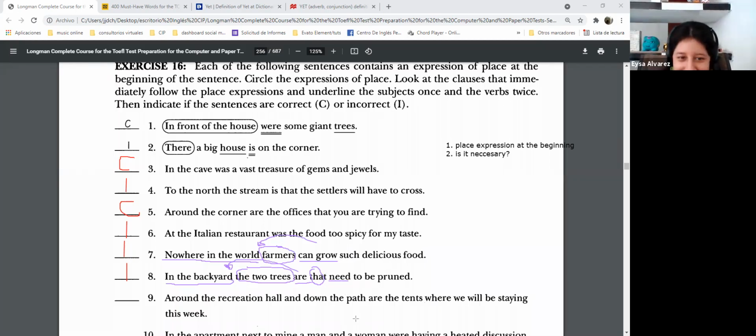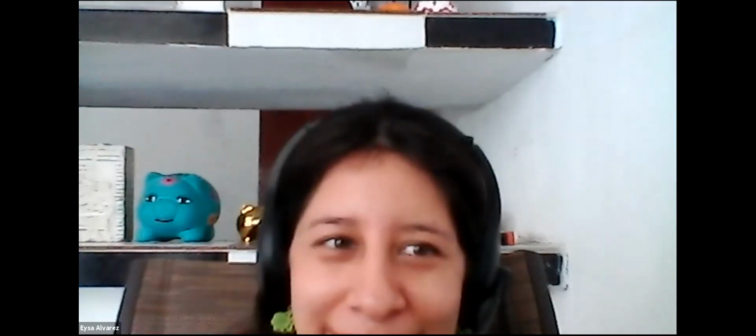Around the recreation howling down. I think it's incorrect, or no, because we are talking about the path and the path is singular, or no? Then we have are, or no? Ah, what happened?